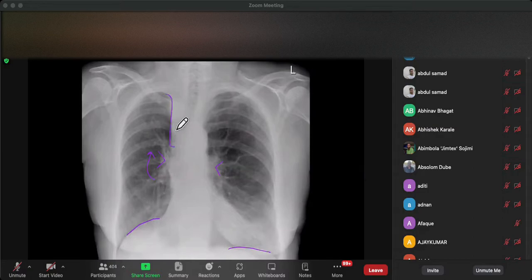So if you're not sure, look for the secondary signs. So the right hilum has moved up instead of down. The volume loss could be present in both lower and upper lobe collapse. And the patient has clearly got right upper lobe collapse here adjacent to the upper mediastinum.